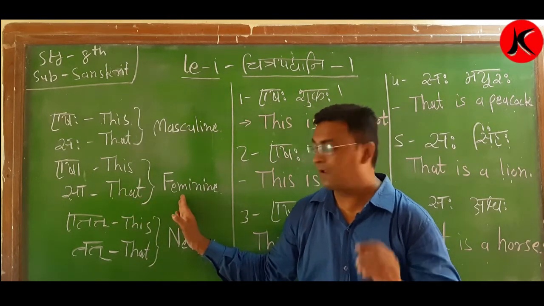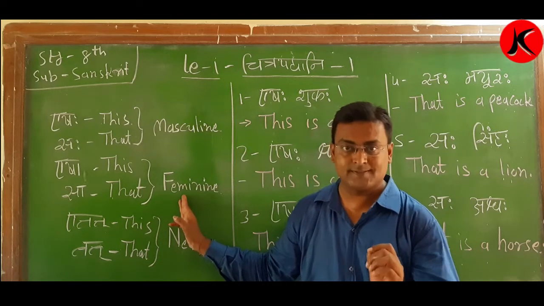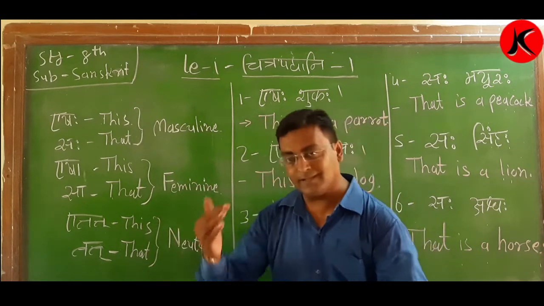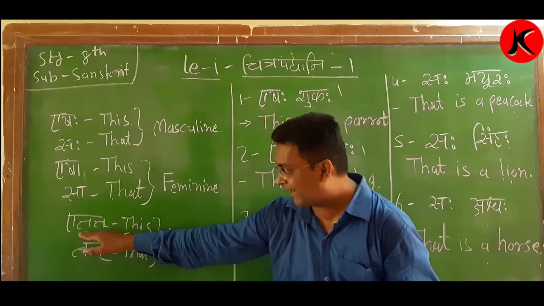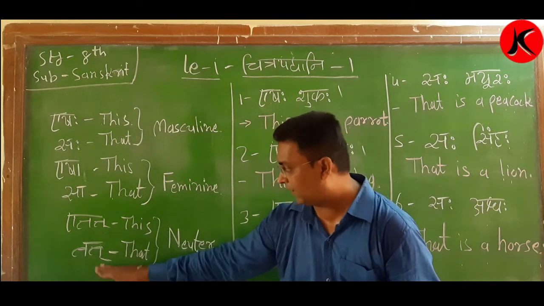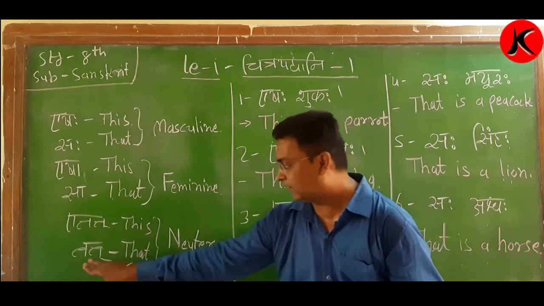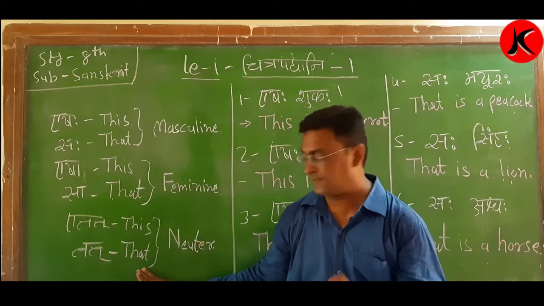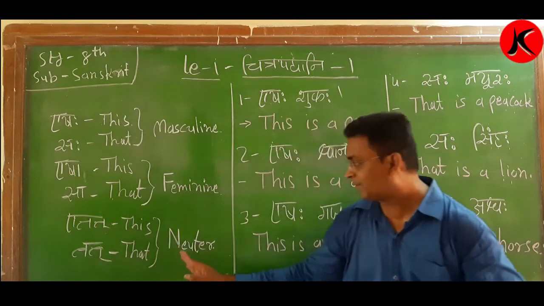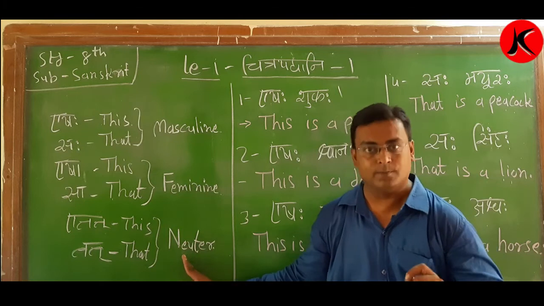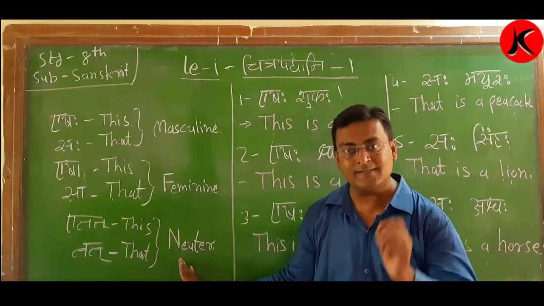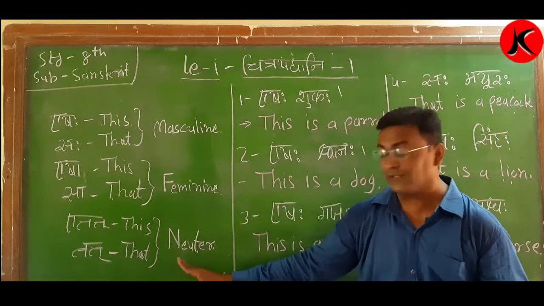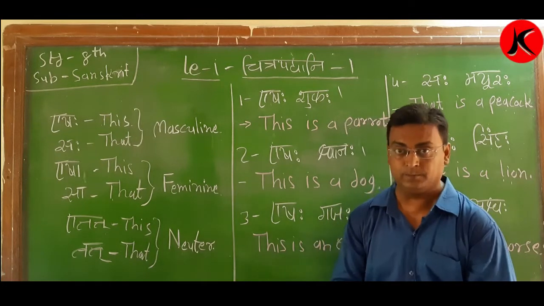That one is feminine forms, Striling. And the third one is Etat, Tat. Etat means this, Tat means that. This one is neuter forms, Napusakling.